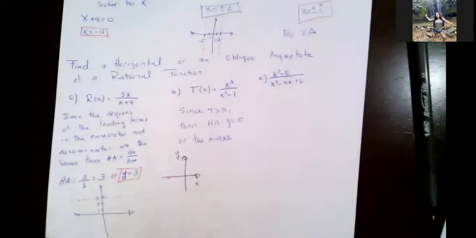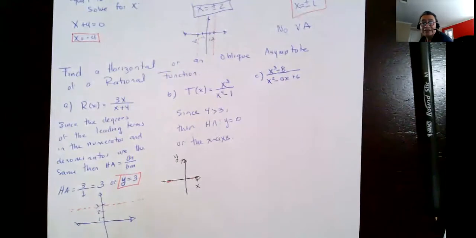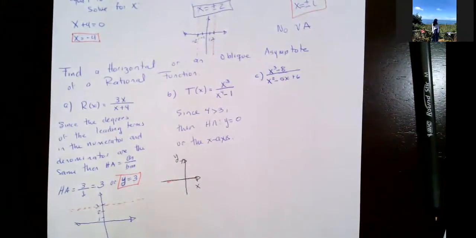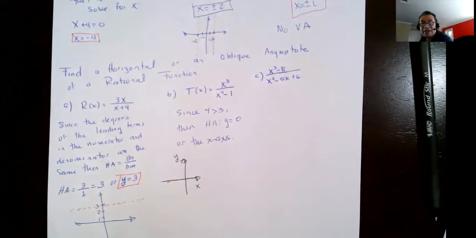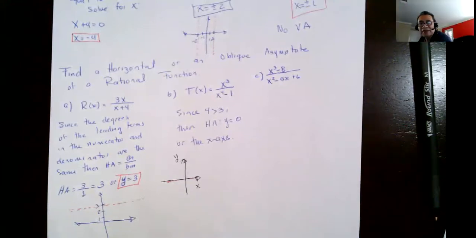All right, so let's try C, you guys. Now let's try C. Notice that's x cubed minus 8 divided by x squared minus 5x plus 6. So which case do you think this C applies?